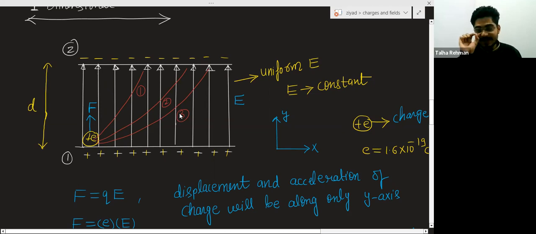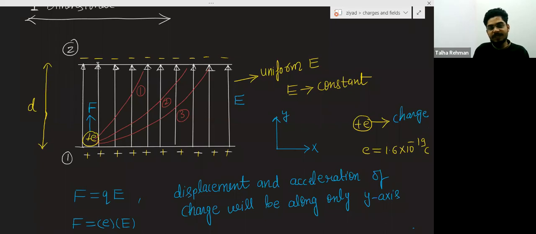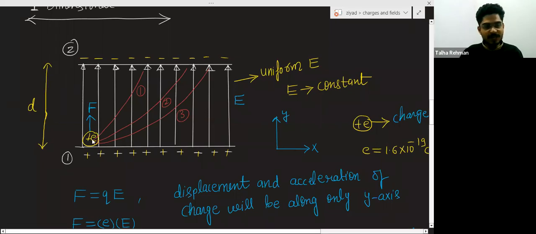Displacement is the straight line distance between the initial position and the final position. So the displacement of this charged particle will remain d. Initially it is on this plate, and finally it is on this plate. So we will take displacement d.